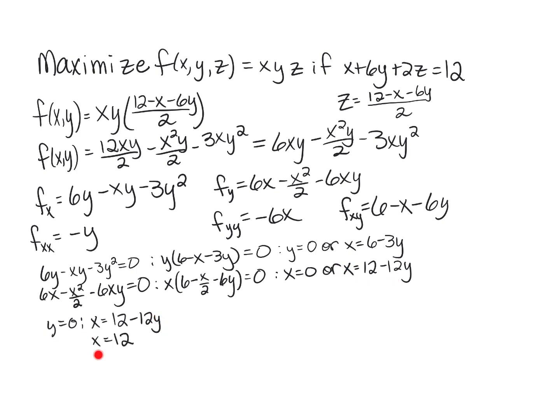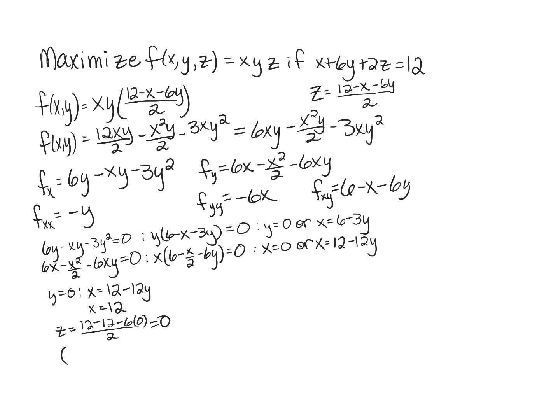Plugging the 0 in here gives me x equals 12. So I have x equals 12, y equals 0, and taking those values, plugging into this constraint, we can find what z is. So 12 minus nothing gives me nothing. X is 12, y is 0, and z is 0.